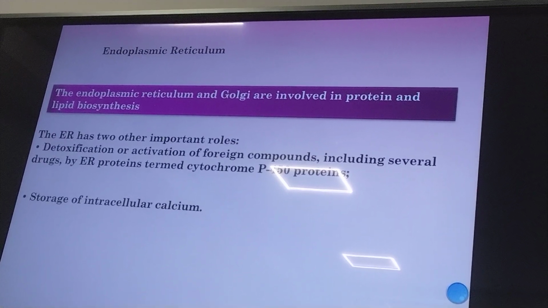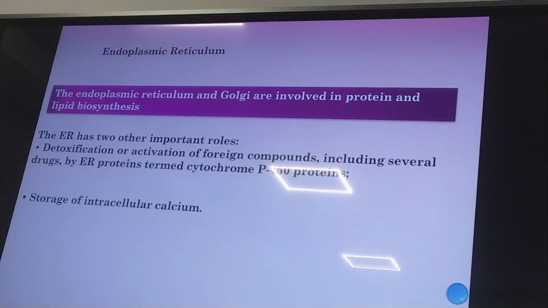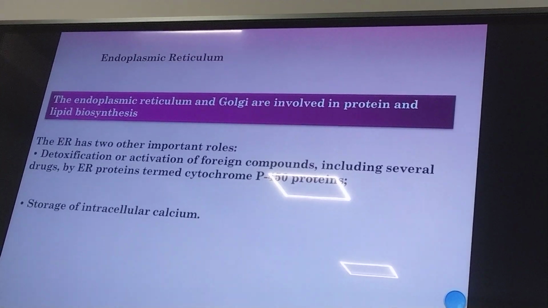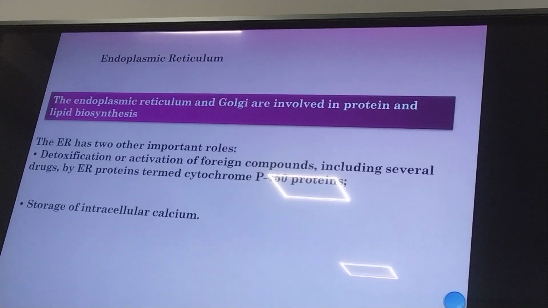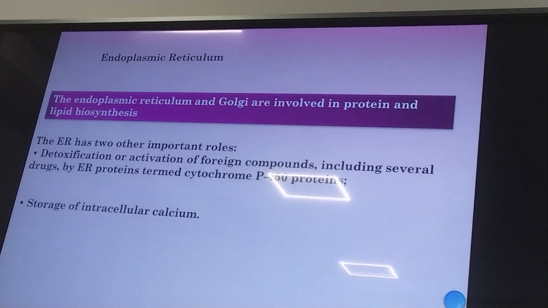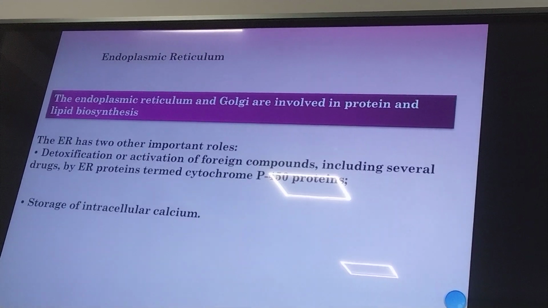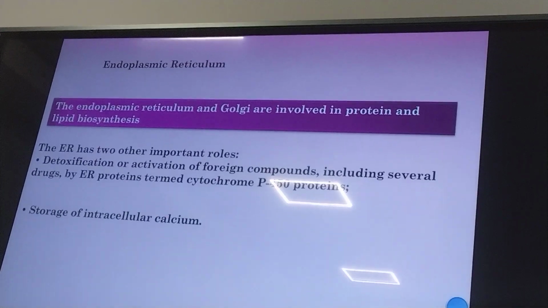For example, the proximal convoluted tubule cells in the kidney contain a lot of mitochondria. For example, the exocrine glands, like pancreatic acinar cells, contain a lot of rough endoplasmic reticulum, so their major function is enzyme synthesis, right?